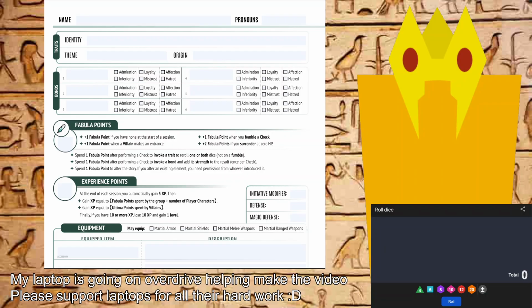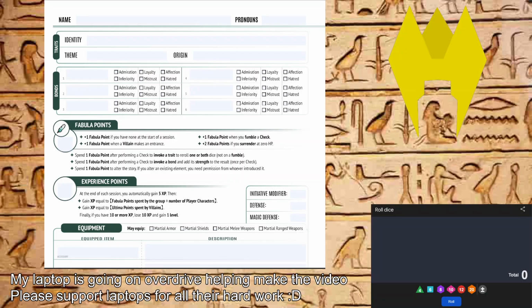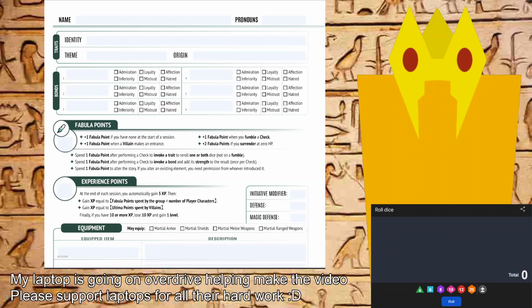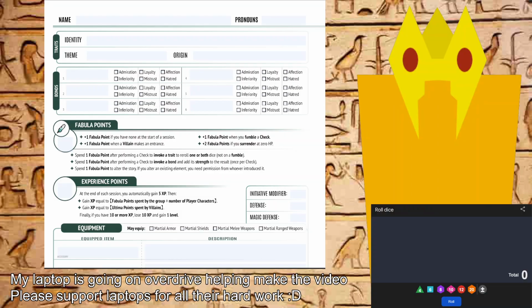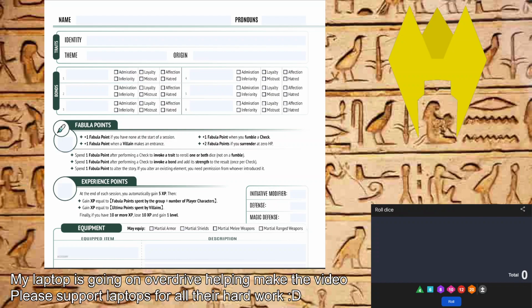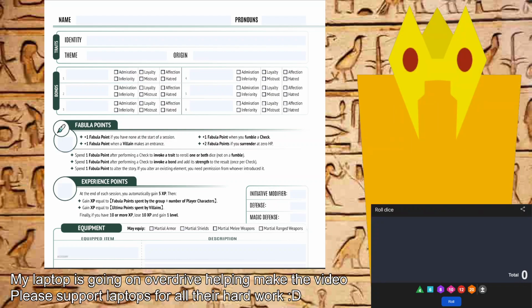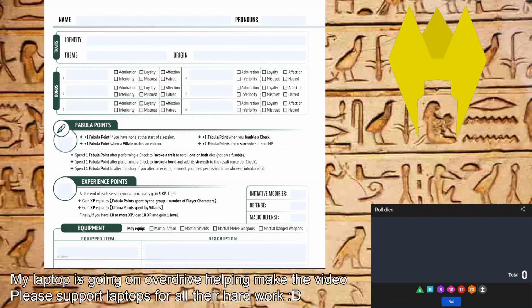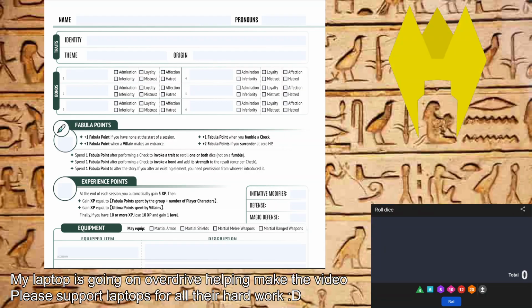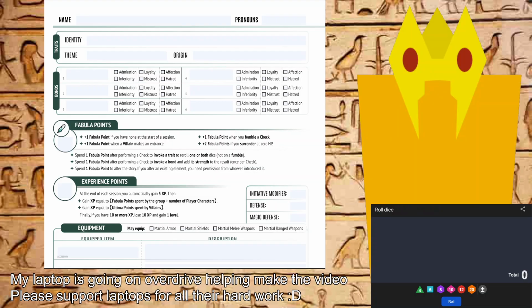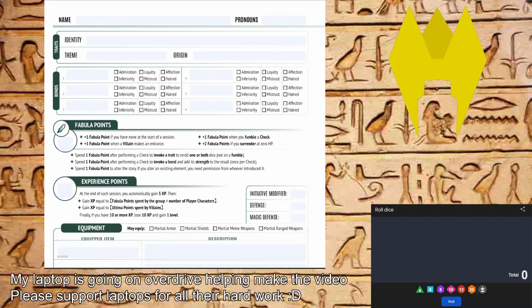Well, there are 8 steps. Step 1, create your identity. The next step is to create a theme. Step 3 is to create your origin. Step 4 is to choose 2 or 3 classes and distribute your 5 levels among them. Step 5, determine your base die sizes for your 4 attributes.